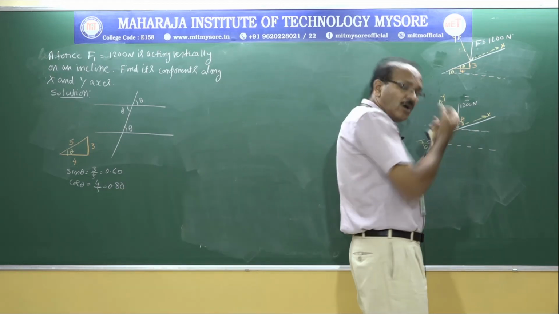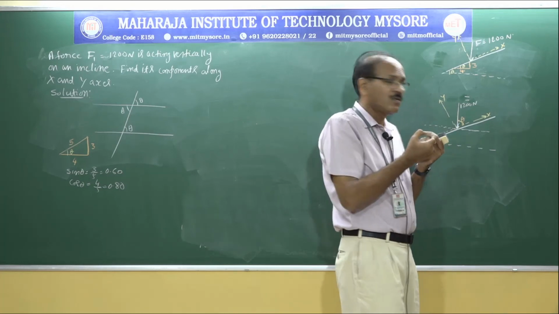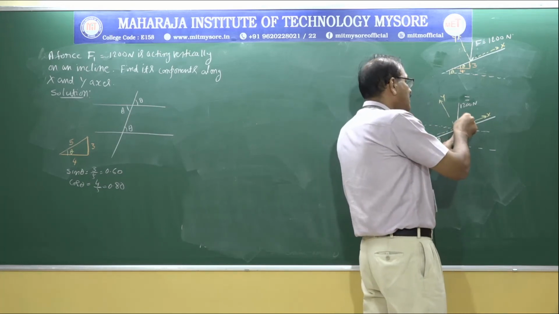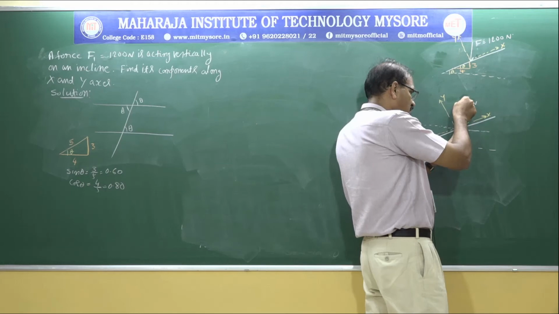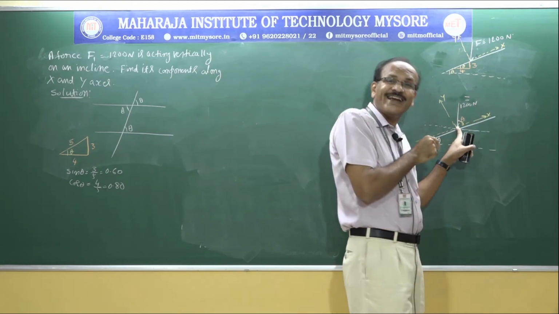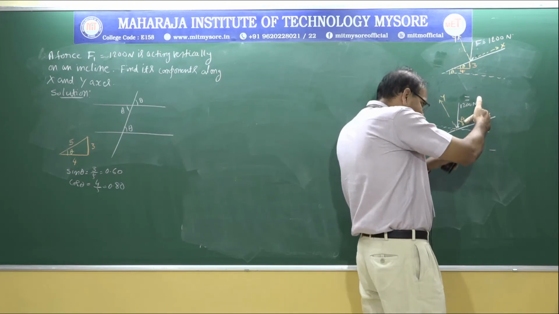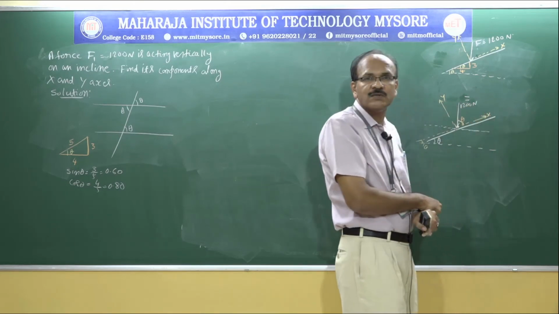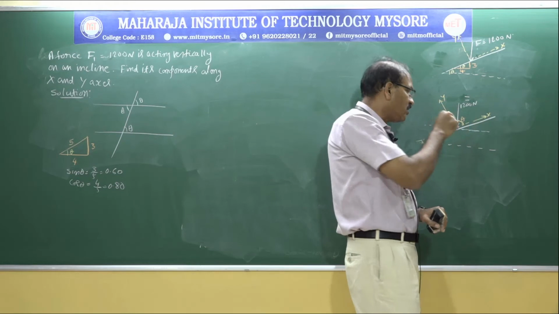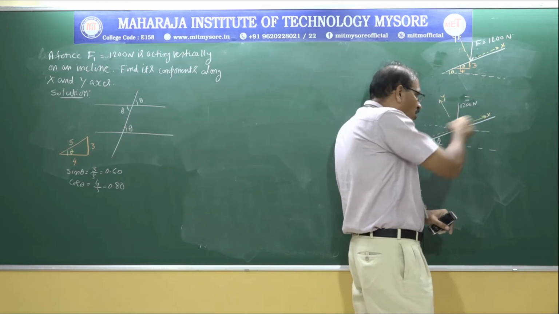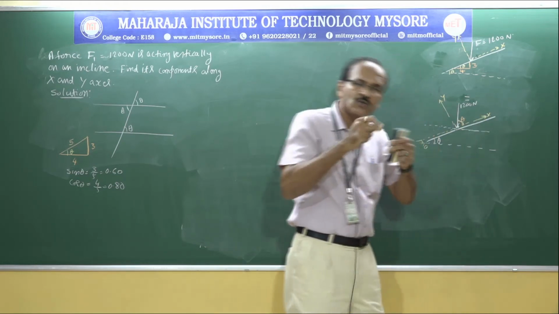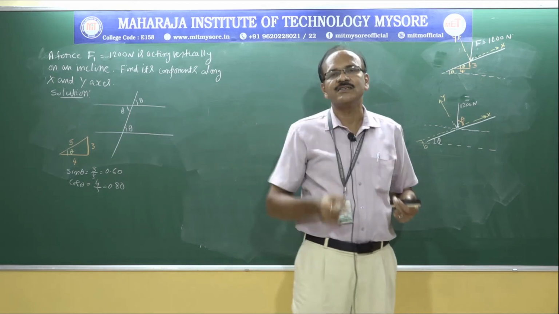So I need the horizontal component. For the horizontal component of this force, the head is fixed, move the tail like this, and the arrow points downwards on the horizontal, and the component along the x-axis will be 1200 cos of angle theta.